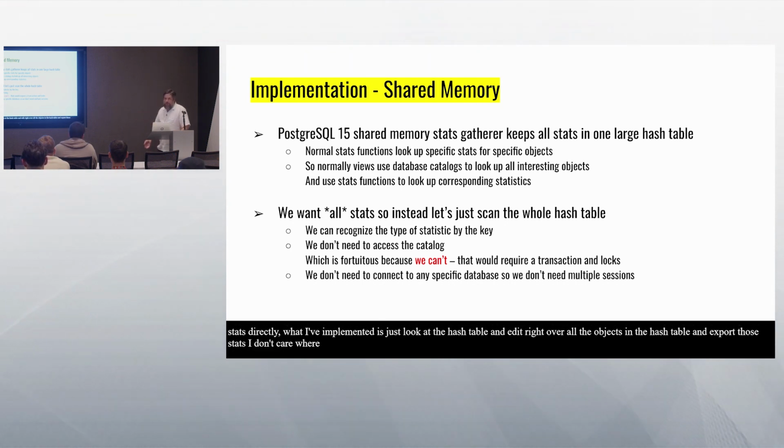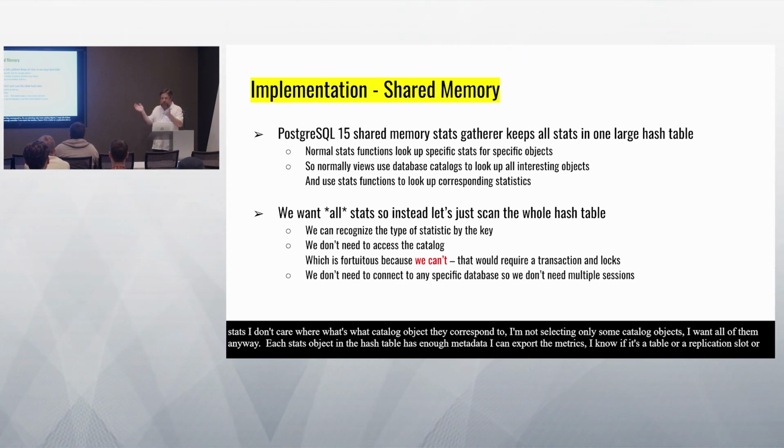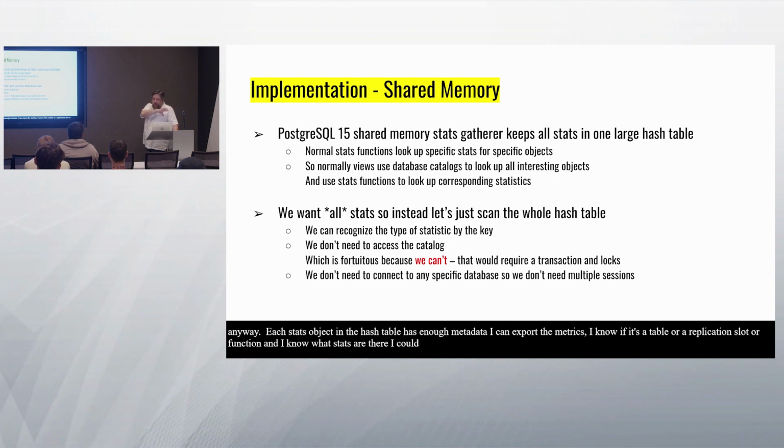I want all of them anyways. So each stats object in that hash table has enough metadata that I can export the metrics. I know if it's a table or a replication slot or a function, and I know what stats are there, I can just export them. I don't need to start by doing complicated transactional semantics to scan all the catalog tables.